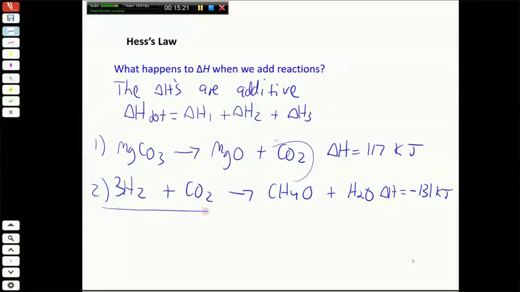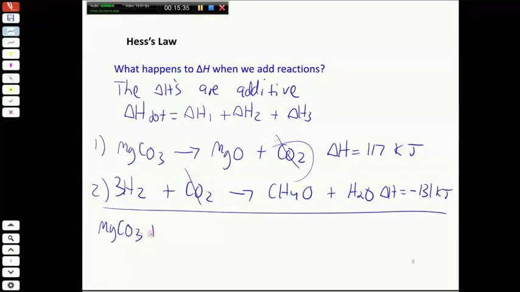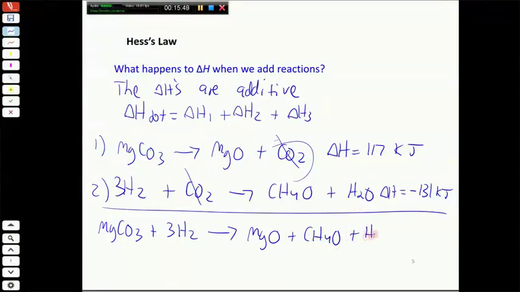So then for our overall equation, when we add these two together, CO2 is an intermediate. It's formed in the first equation, consumed in the second equation. So when we add them together, the reactants that are left are magnesium carbonate plus 3 H2s from the second equation. And then on the product side, what's left is magnesium oxide, CH4O, which is methanol, and water.